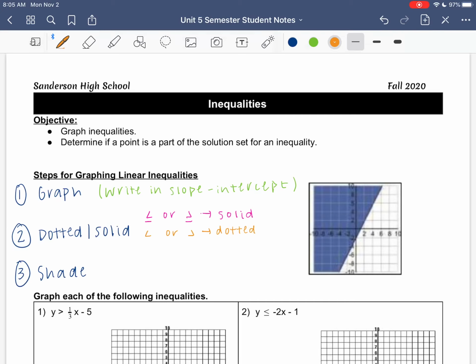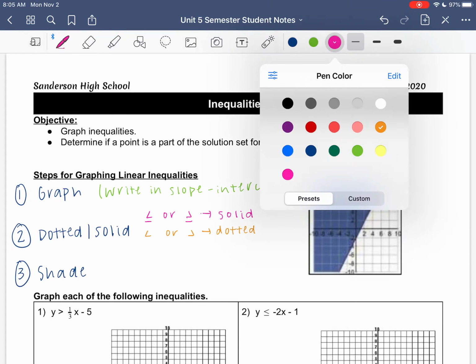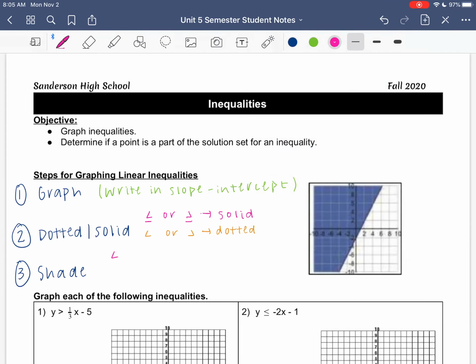If you have the less than or equal to, or just the less than symbol, so if it's any version of less than, you're going to shade down from your line.